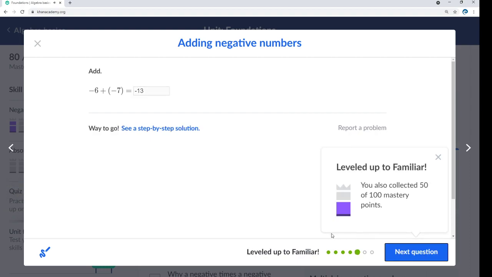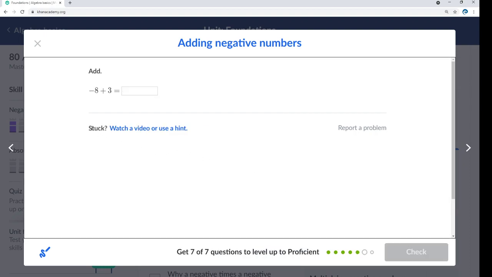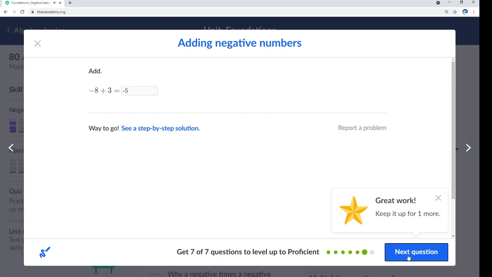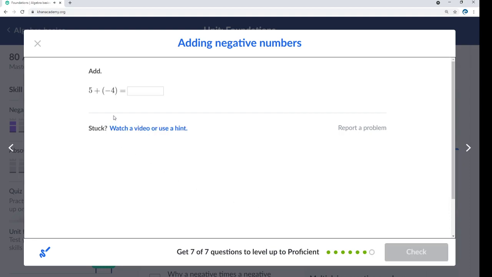Cool. I have leveled up to familiar. I am familiar with adding negative numbers. Here we go, -8 plus 3. So that's going to bring us back towards 0. So 8, 7, 6, 5. It's -5. You can do that. Next question. Bring it up. 5 plus -4.